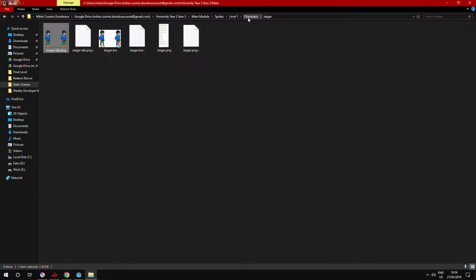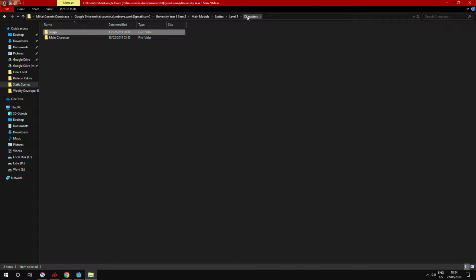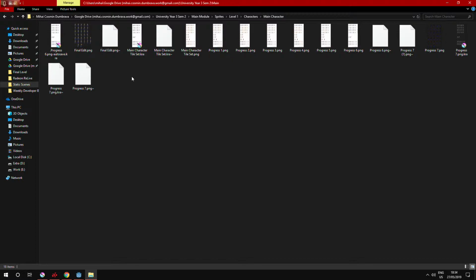So this is how I create the main characters, and what I want to say is that if I had more development time, I would have enjoyed doing more people walking around in the second level, because that is the level where you have the most population, where you actually have any population.